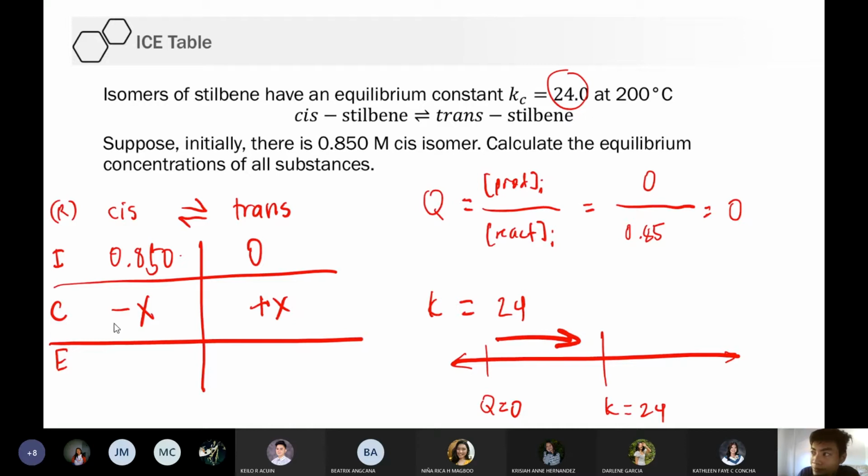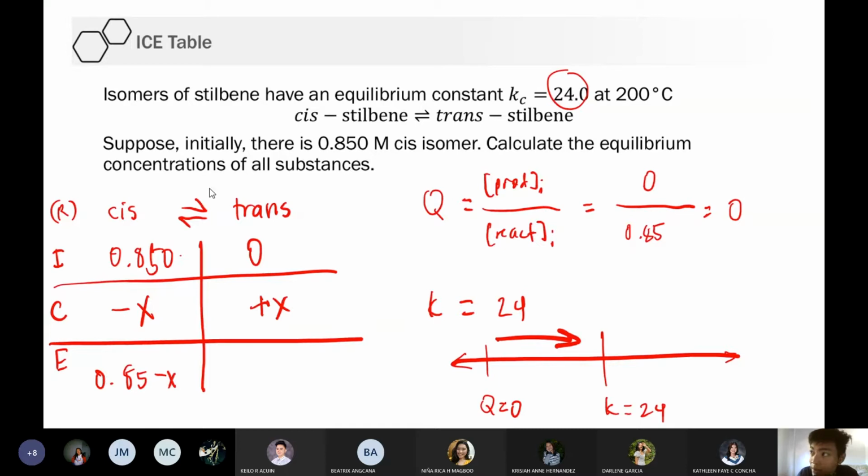How about E? For E, we have the equilibrium here. What you're going to do is add I and C. That will be 0.85 minus x for the cis, the concentration of cis at equilibrium.